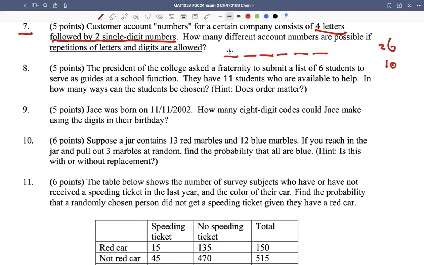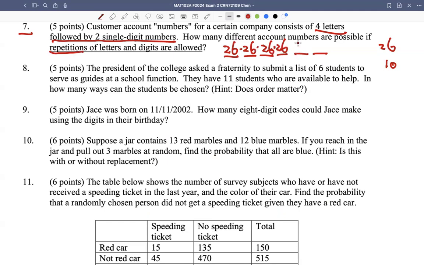So from the first letter, we have 26 choices, right? We can choose A, we can choose B, C, D until X, Y, Z, any of those. Because repetition is allowed, we can pick any letter for the second one too, for the third one too, the fourth one too. Each one we can choose from 26 letters. So we multiply them.